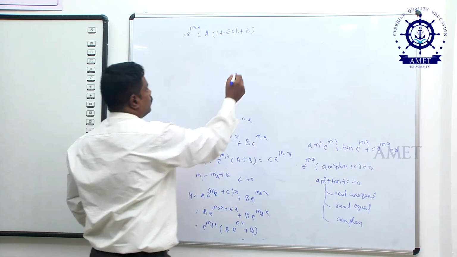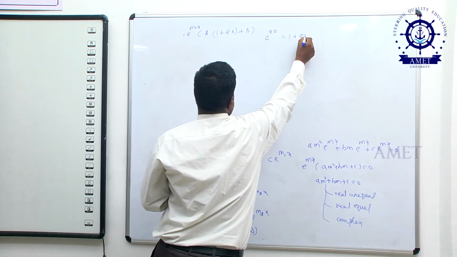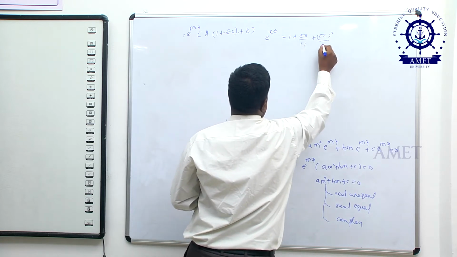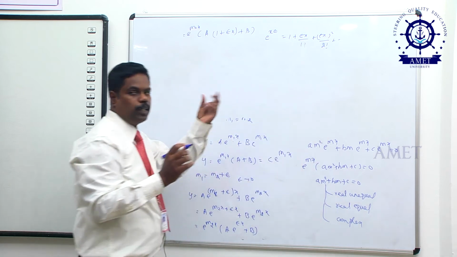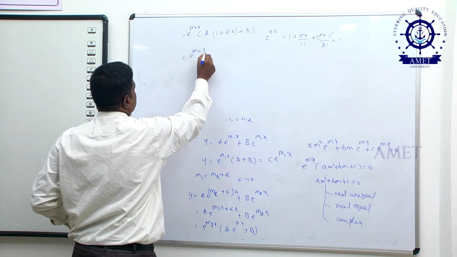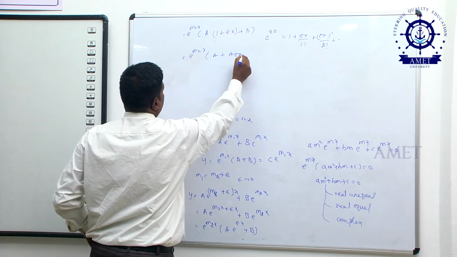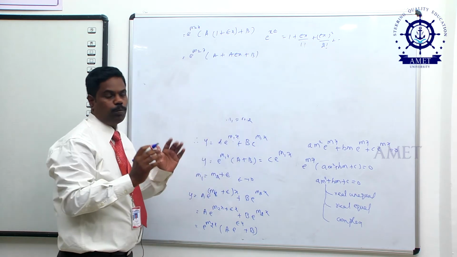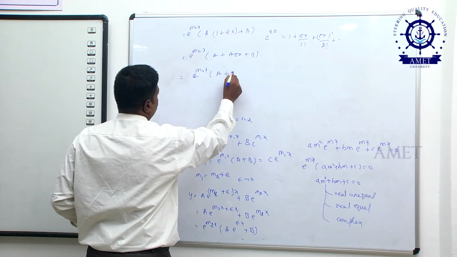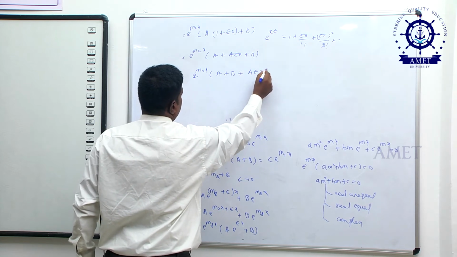So e power epsilon x is equal to 1 plus epsilon x by 1 factorial plus (epsilon x) whole squared by 2 factorial, etcetera. I am taking only two terms. So this is e power m2x into a plus a epsilon x plus b, and then I am grouping that: e power m2x (a plus b plus a epsilon x).